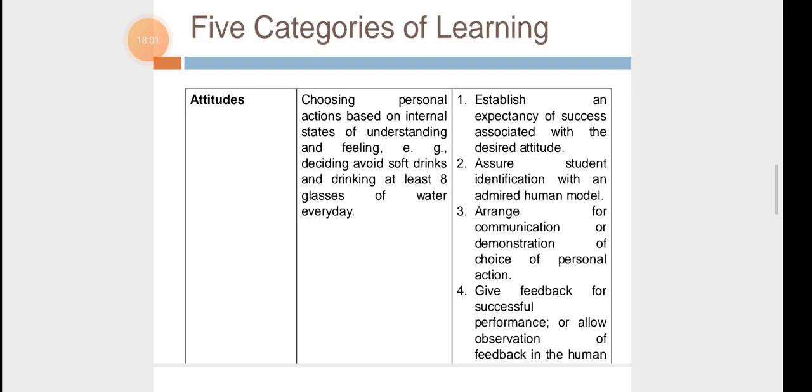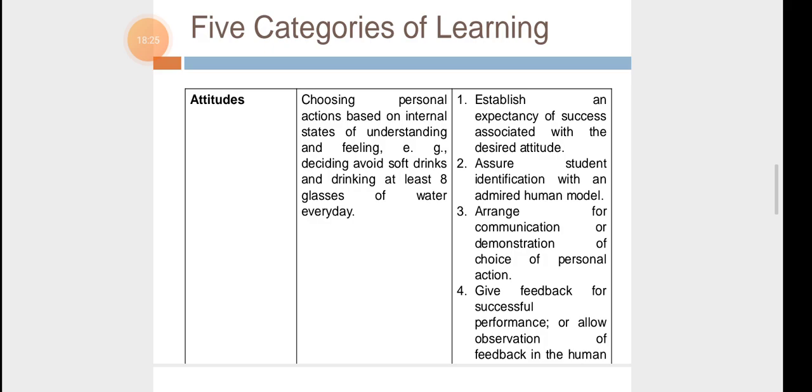Number 3, arrange for communications or demonstrations of choose of a personal action. Kaya dito may kakayahan na sila na isiping mabuti, na think before you post, pinag-iisipan nila bago sila nagkakandak ng isang action upang at the same time wala silang pagsisihan or regret.